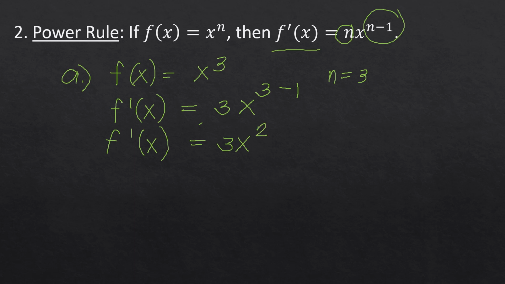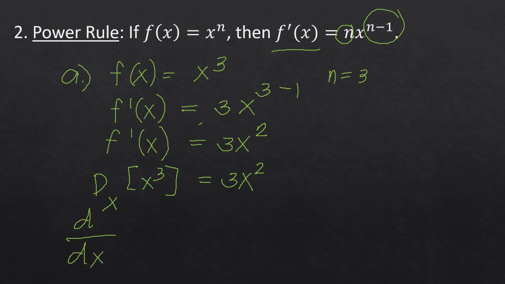In other representations, you can have the derivative of x cubed with respect to x. So your answer is still 3x squared. Or simply, you can have y prime is equal to 3x squared.